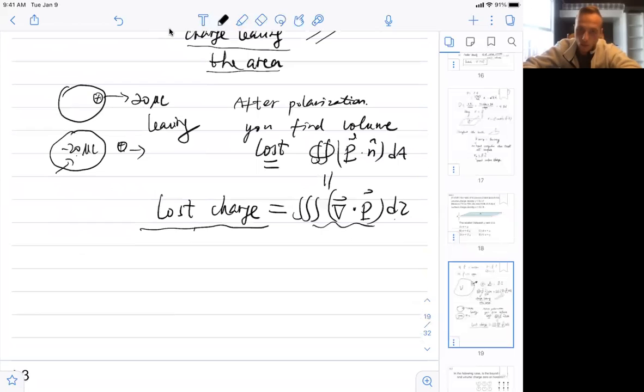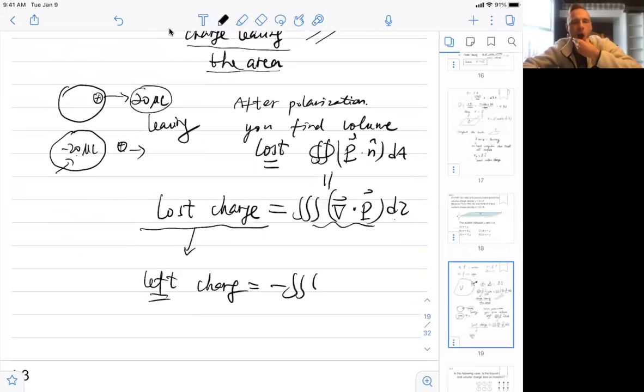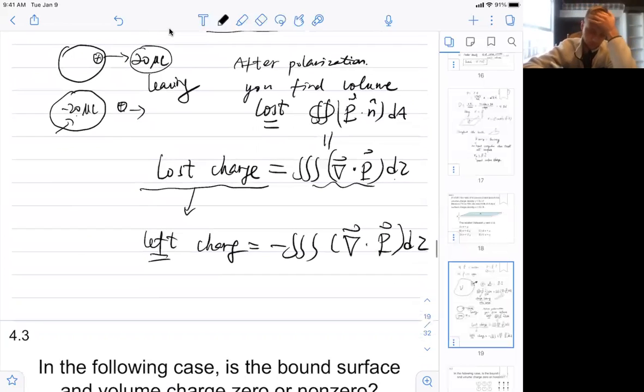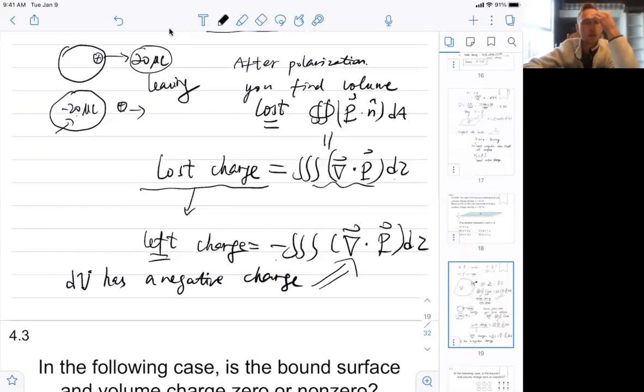If you lost 20 microcoulomb, what you have left is going to be the negative of that lost charge. So due to polarization, your material is now picking up a charge of negative the volume integral of the divergence of P times d tau. So this volume has a negative charge, and that amount of negative charge is given by this expression.